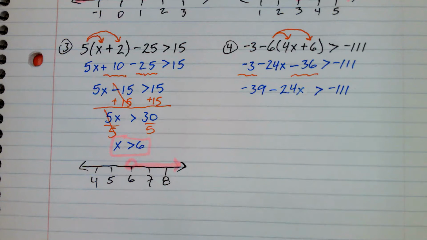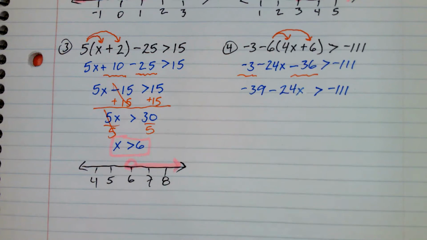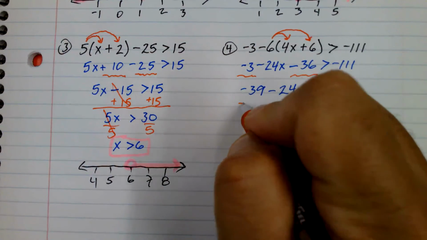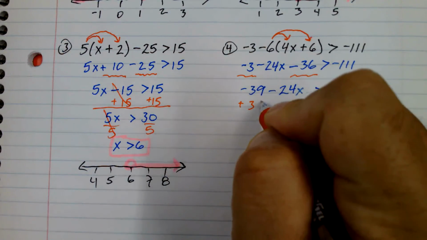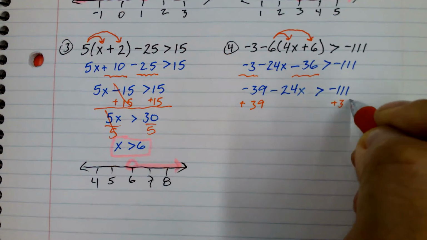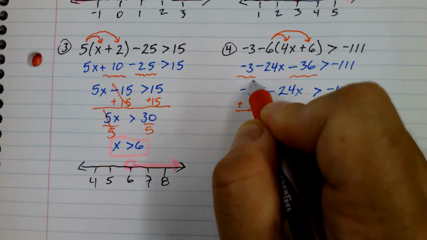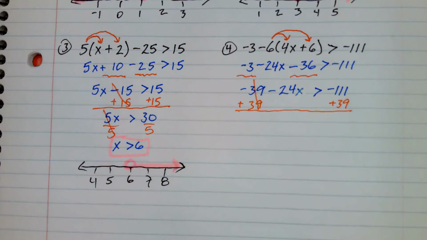Okay. So now I want to get rid of this 39. So you add 39 to both sides.